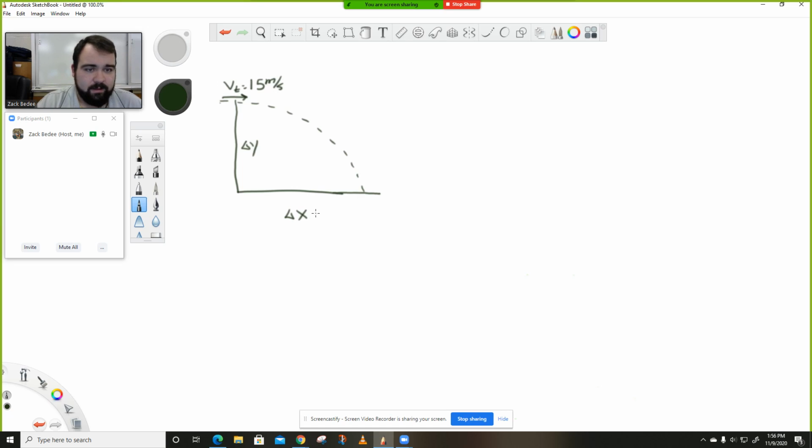And let's this time say we're trying to figure out how far away the thing lands, delta x is our big question. And we know that we are throwing this off of something rather high up. So the object is 50 meters tall that we're throwing this off of, a cliff or whatever.